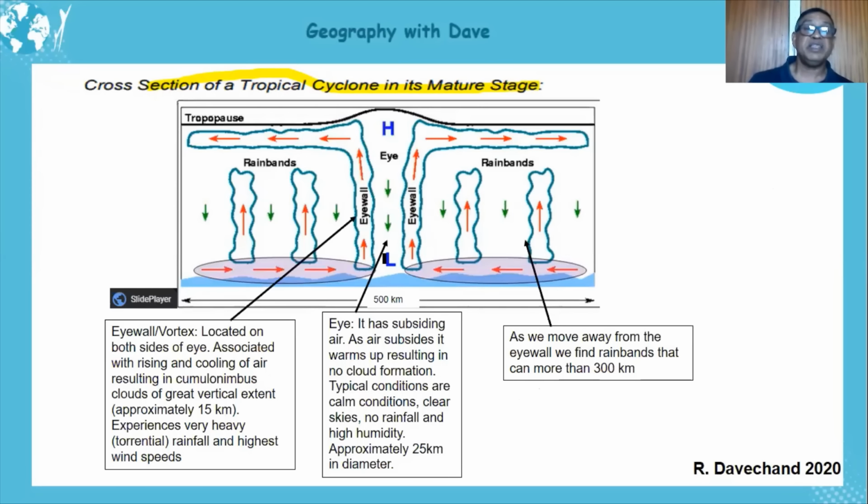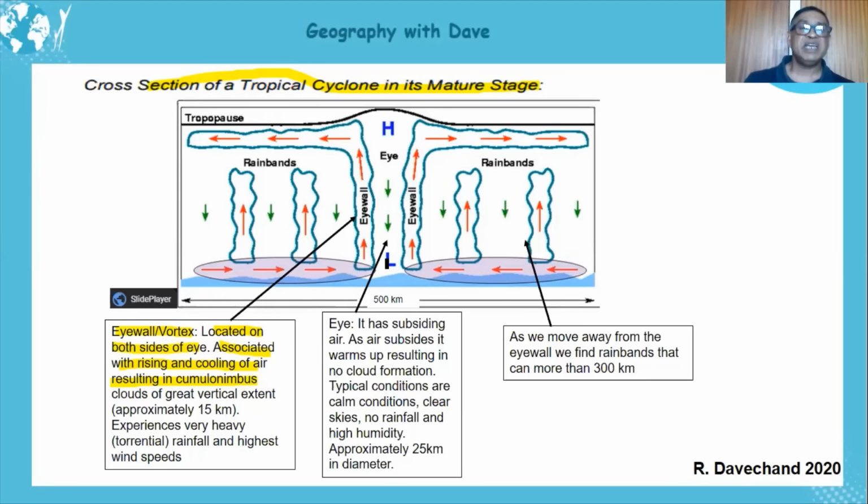It's associated with rising and cooling of air, resulting in cumulonimbus clouds. Remember, it's a mature stage. It's hot. Latent heat is being pumped in. The temperatures are increasing.